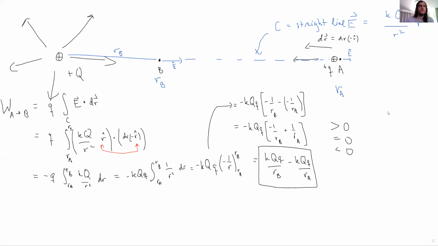Okay. So remember, it does depend on what question you're asking. There are two possible questions that we could ask here. What's the work that we would have to do? And what's the work that the electric field of the big Q has to do as the charge moves in its electric field?